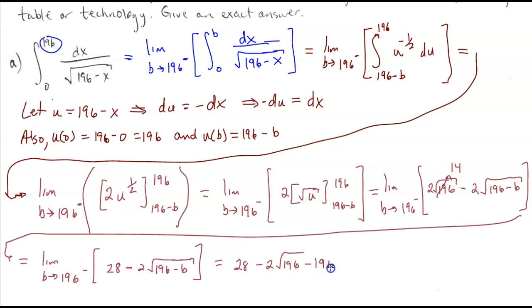And when we do that, you see that square root of all that ends up being 0. So our result here ends up being 28 at the end of the day. And so that will be what the actual area under the curve of this particular function would be from x equals 0 to x equals 196.